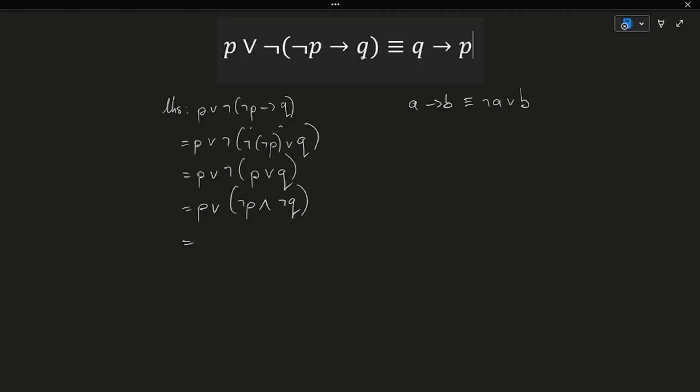And then now let's distribute this P across these terms. Therefore, we're going to say P or not P, and we have a bracket right there because we're distributing this there and we're also distributing this there. So it's P or not P and P or not Q, right? So we have that.